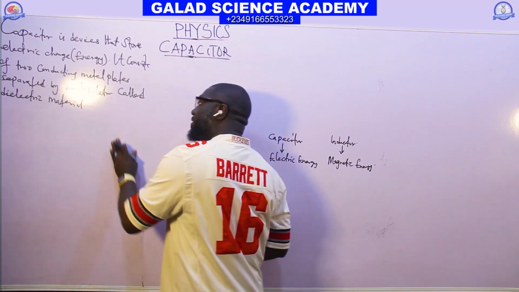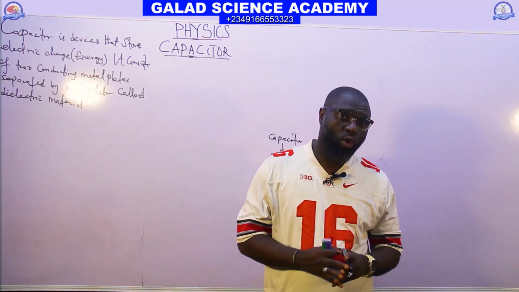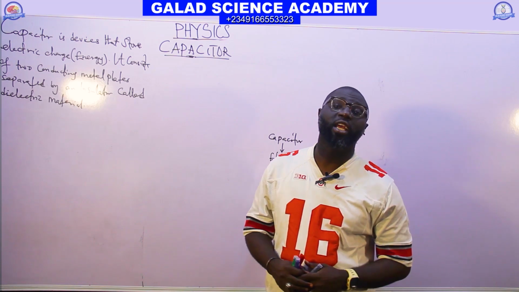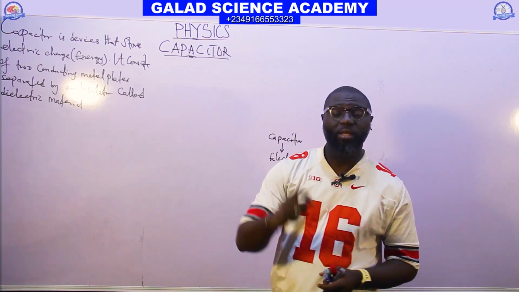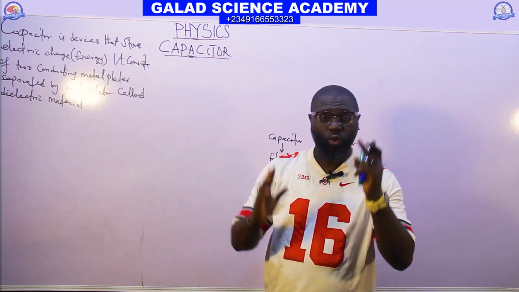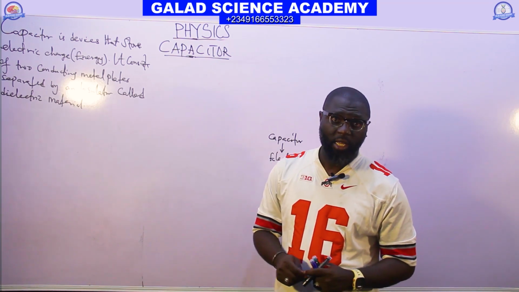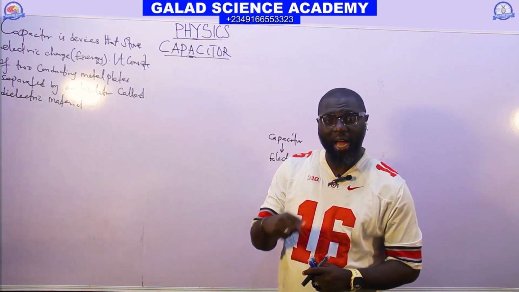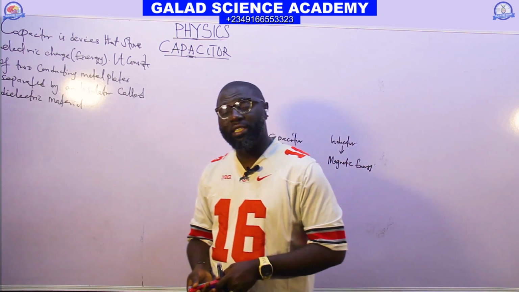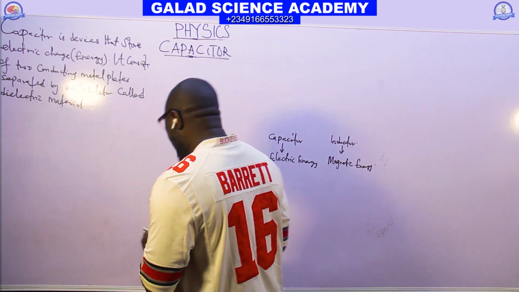So, a device that is used for storage of electric energy is called a capacitor, and the capacitor comprises two conducting plates which are separated by an insulator called dielectric material.